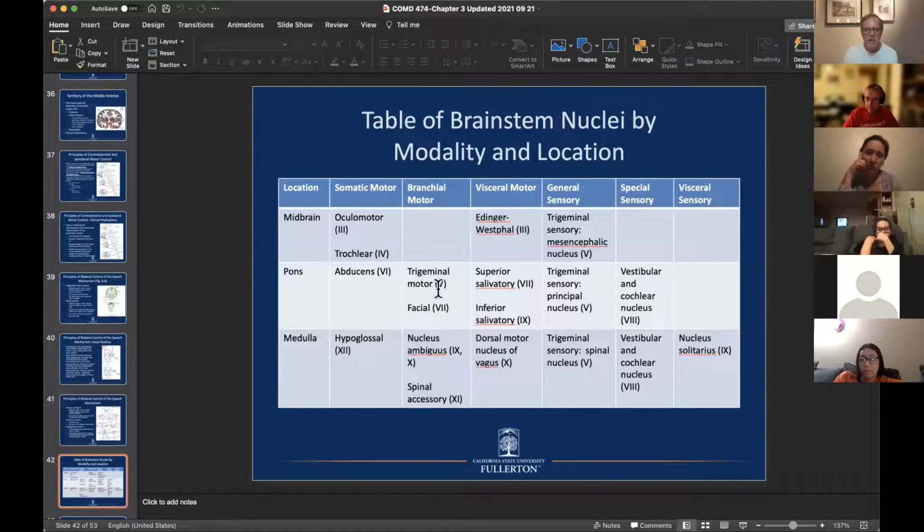But these branchial motor nuclei are all involved in speech production. This one, hypoglossal, speech production. And general sensory, it's all one real long nucleus, the trigeminal sensory nucleus, which has its 3 parts. And then nucleus solitarius. I don't have anything on the exam about the cochlear or vestibular nuclei.